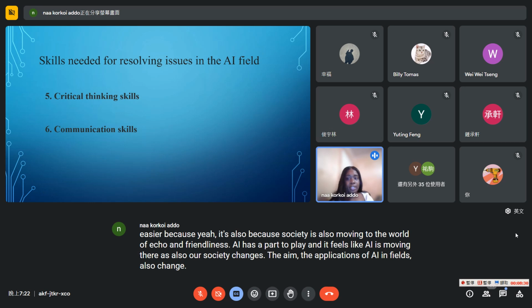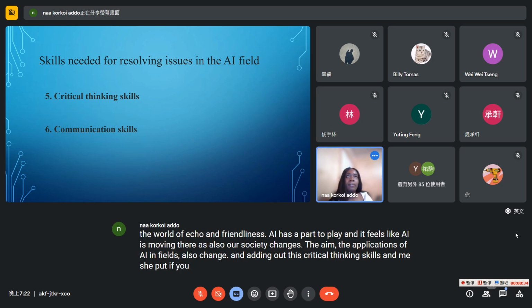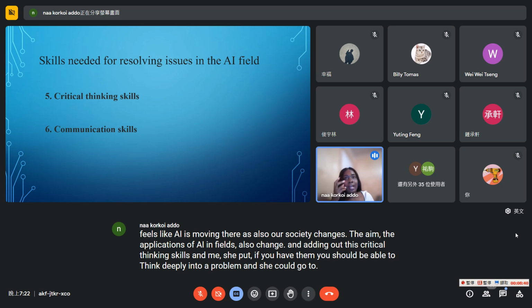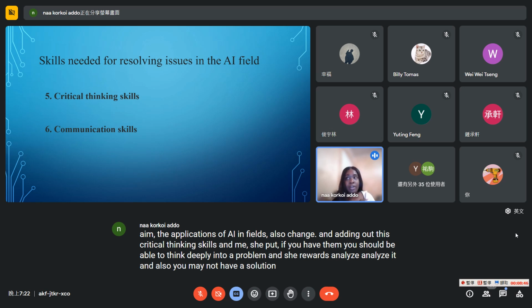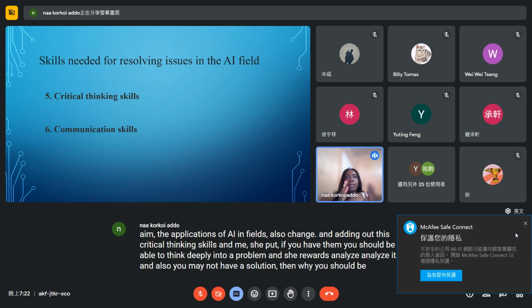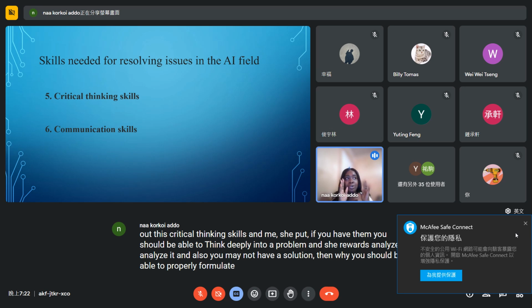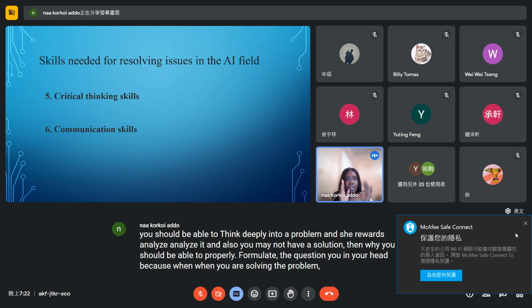Another thing I would say is critical thinking skills. You should be able to think deeply into a problem, and you should be able to analyze it, and also you may not have a solution then, but you should be able to properly formulate the question in your head, because when you are solving the problem, you need to be able to.